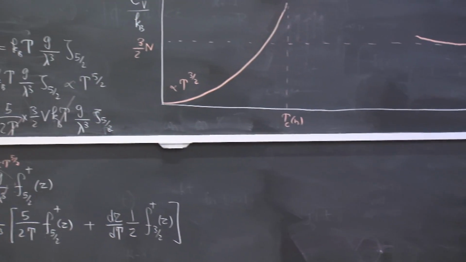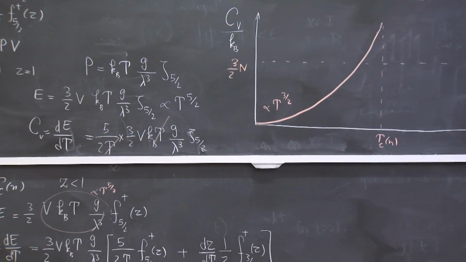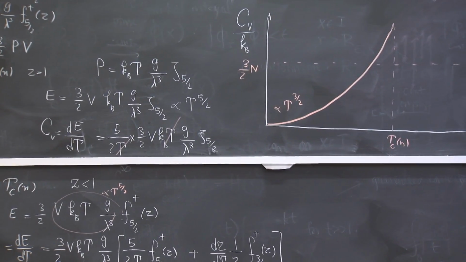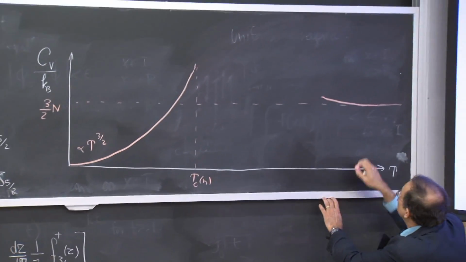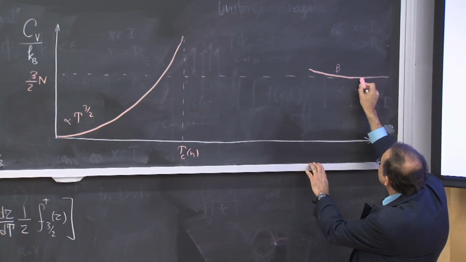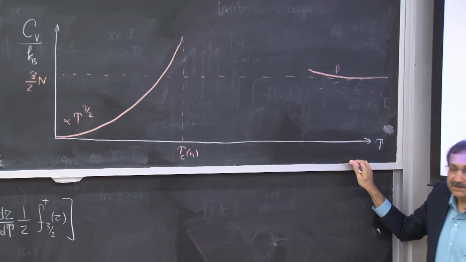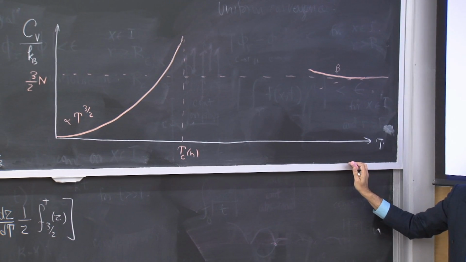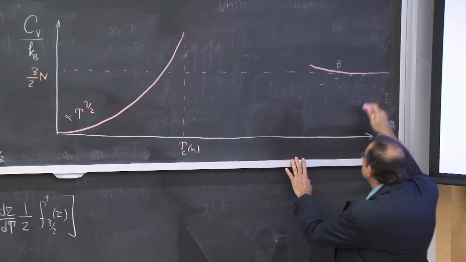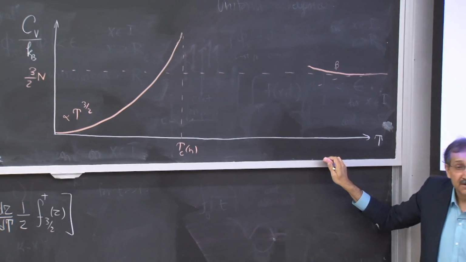Actually, if you do the calculation for bosons and fermions at high temperatures, you can convince yourself that while bosons will go in this direction, for fermions the heat capacity will start to go in the other direction. But OK, so you have this behavior.